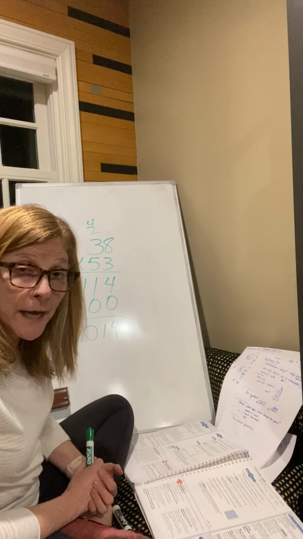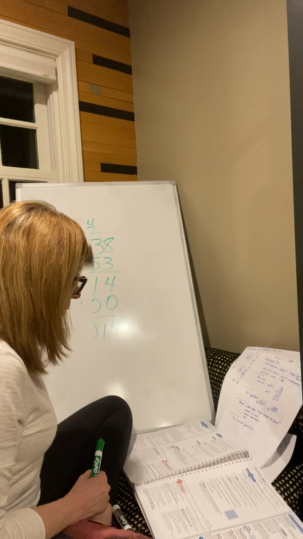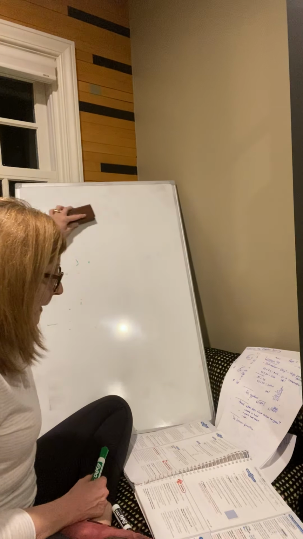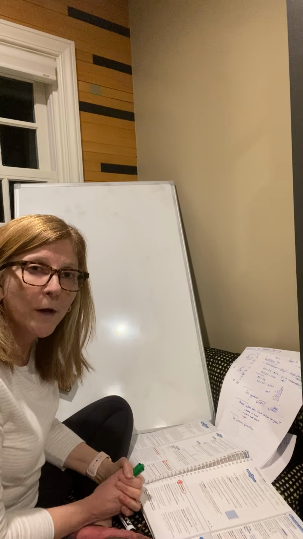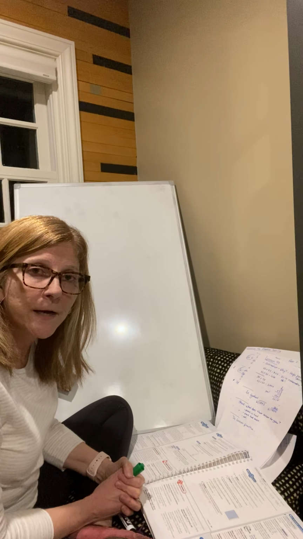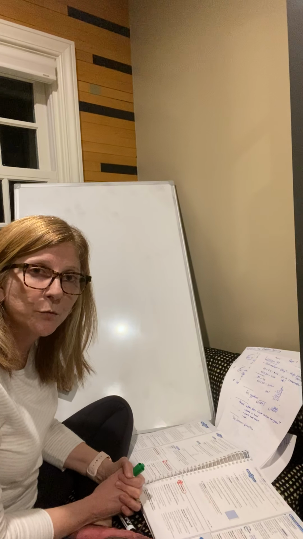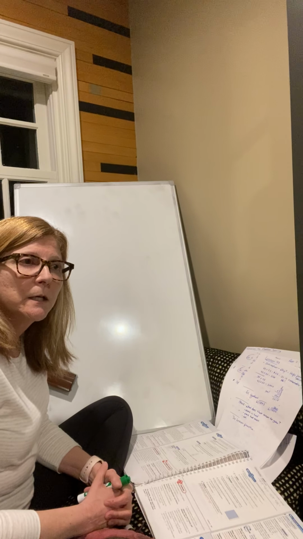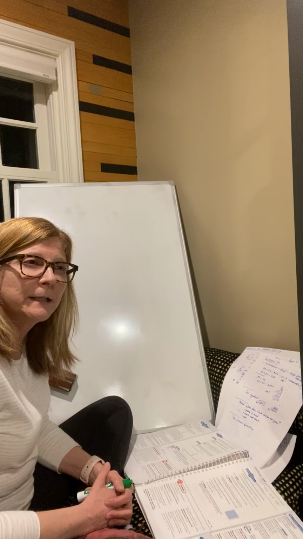We can apply estimating to quotients. What do you think 1,845 divided by 6 might be? What do you think the answer would be? Could we round 1,845 to a number that would be easily divided by 6?